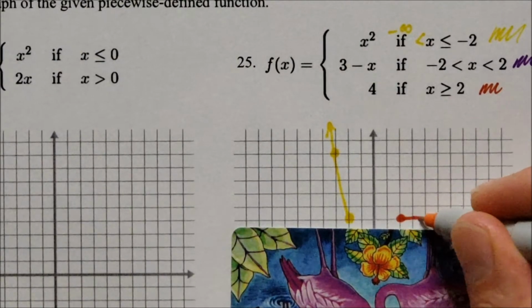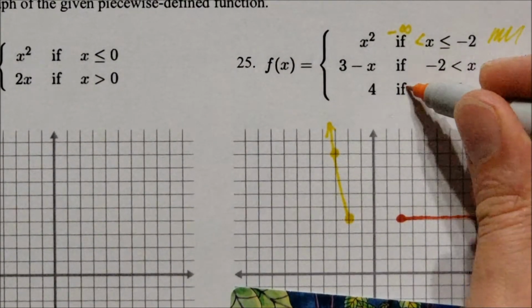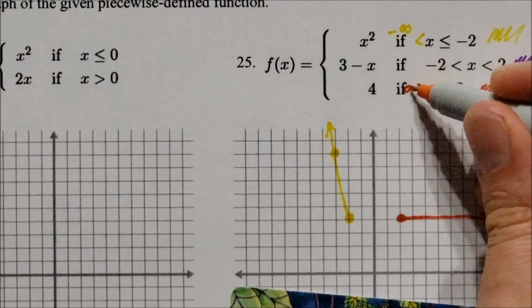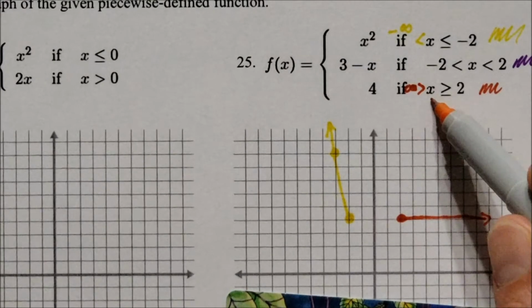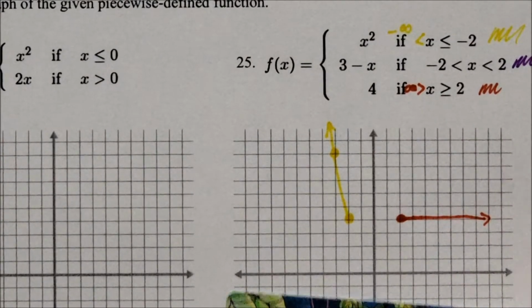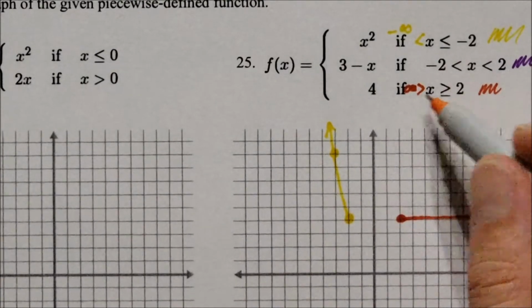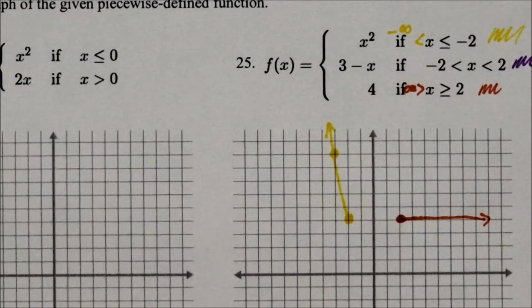And then it continues on indefinitely. So x is greater than or equal to 2, and x just continues on toward infinity. We're not bounding that.